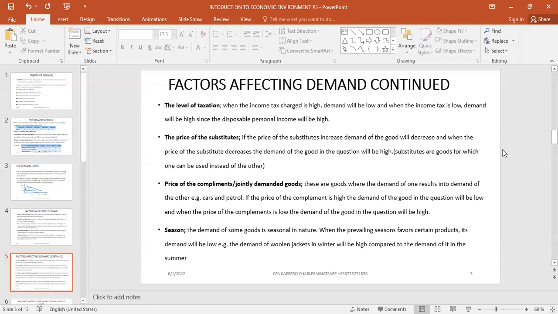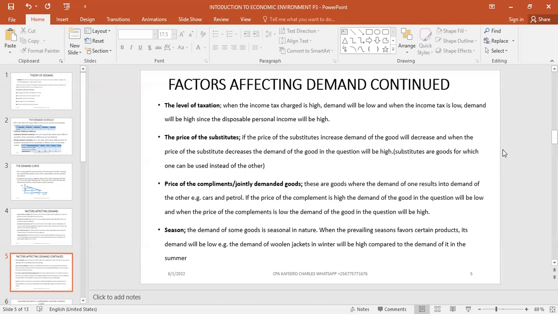So the seasonal factor comes in especially for those goods which are demanded during certain seasons, and most especially in terms of agricultural output.